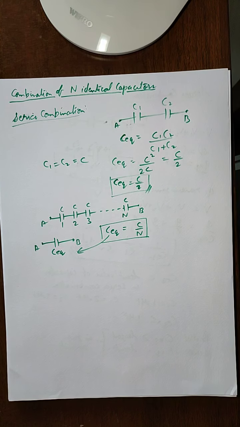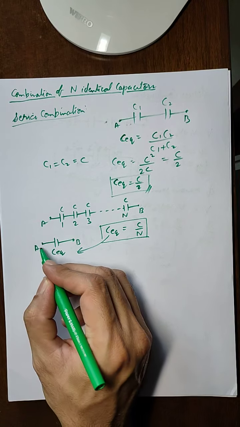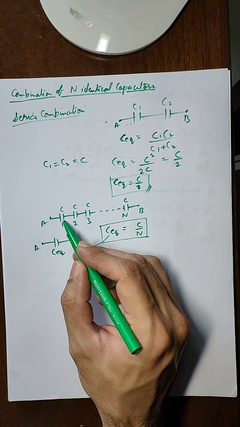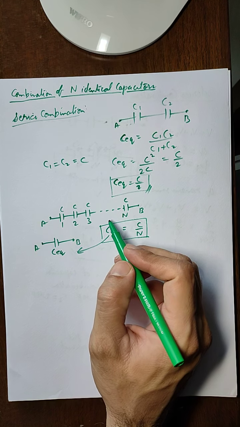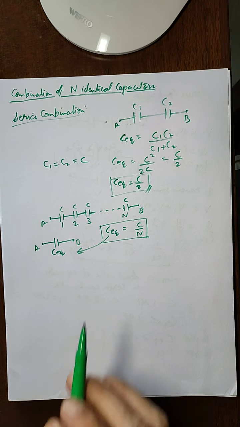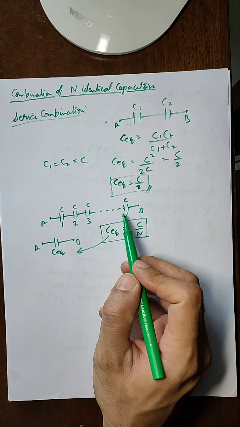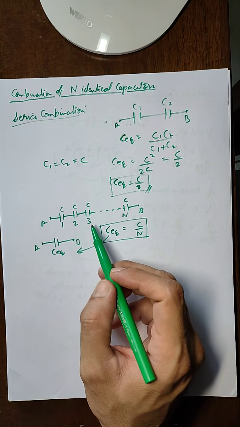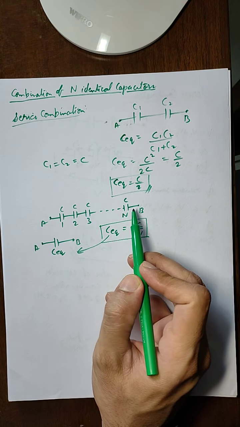Now in this combination, as we studied in the previous video also, the total potential of all the capacitors will be equal to the potential difference of the battery in the steady state. Since all the capacitors are equal, the potential difference of the battery will be equally divided between these capacitors.